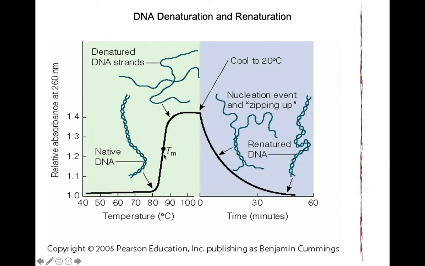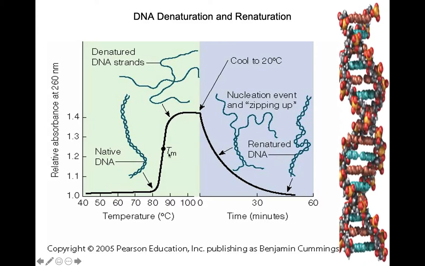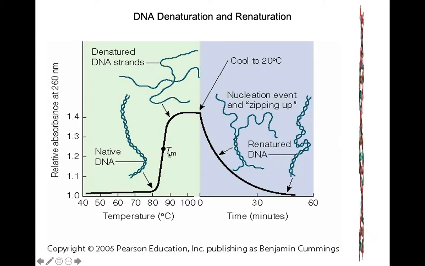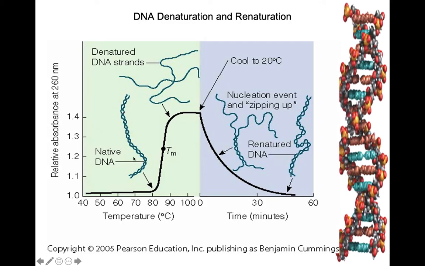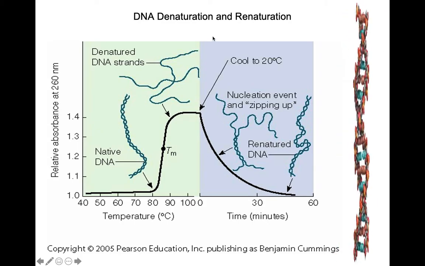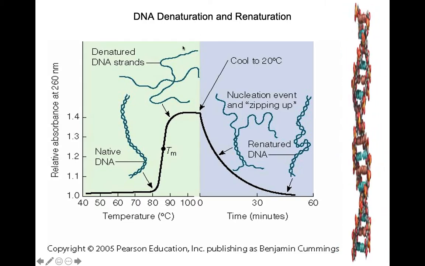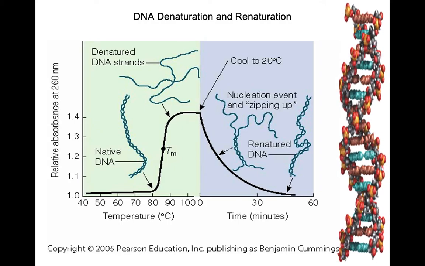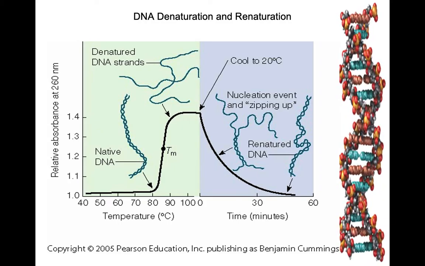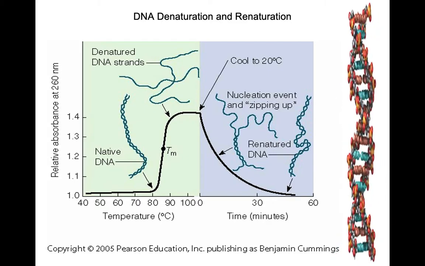So if the ambient temperature goes beyond the melting temperature threshold, the DNA double helix will denature. So the helical conformation will be gone. So you can expect that the anti-parallel strands will dissociate from one another. So the H bonds between the nitrogenous bases will be destroyed.